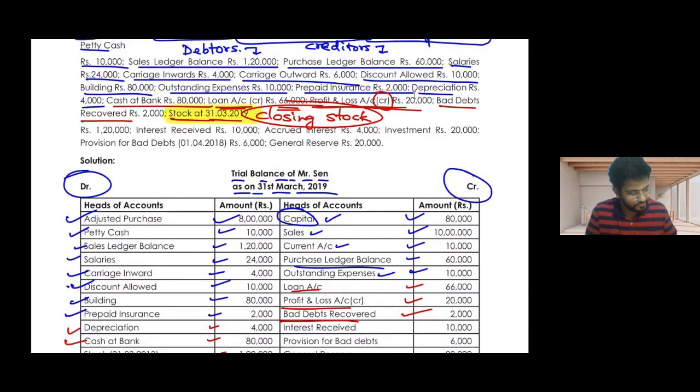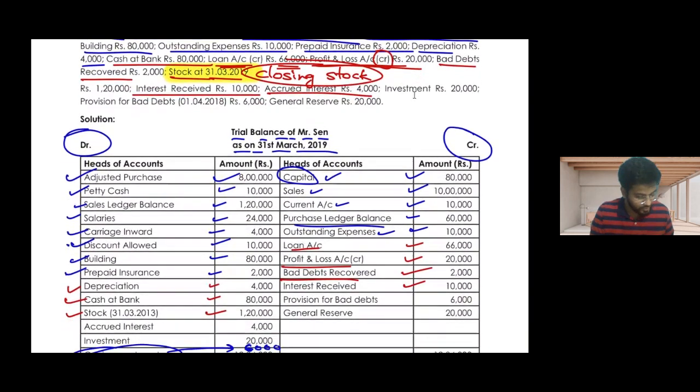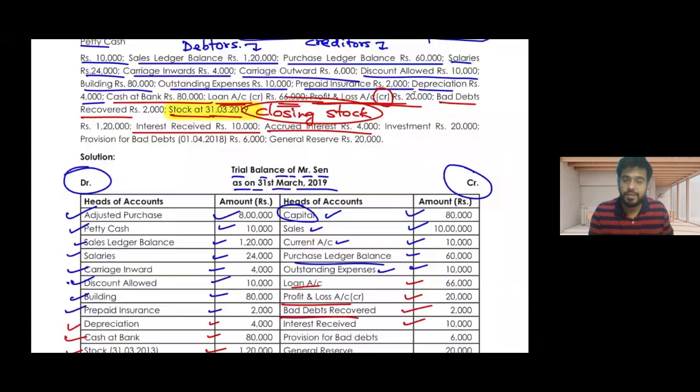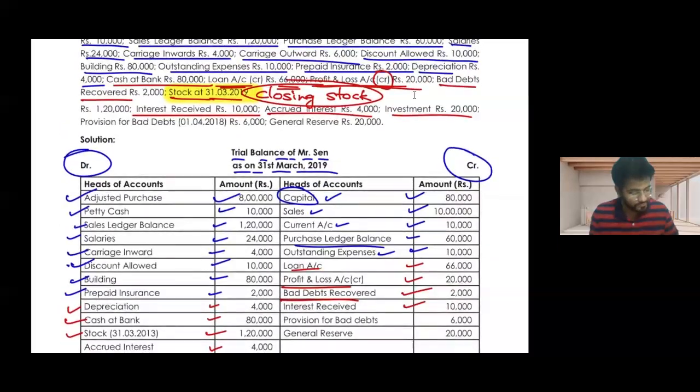Then we have interest received of 10,000. So interest is an income, that is credit 10,000. Accrued interest is an asset, that is interest due but not received, that is 4,000. Investment of 20,000, that is again an asset, so it will come on your debit side as 20,000.